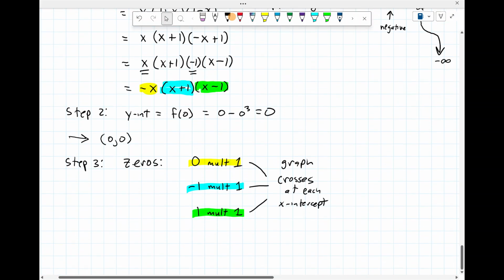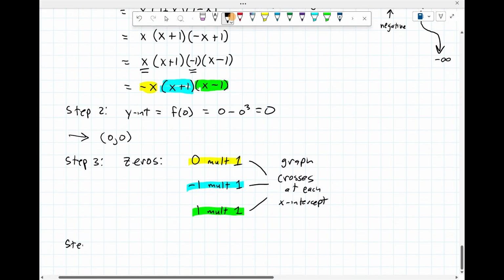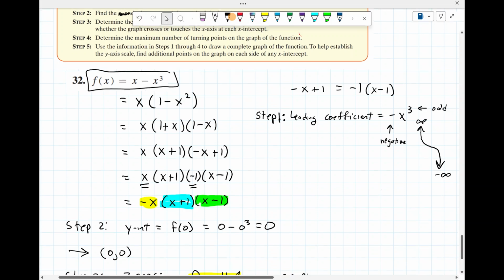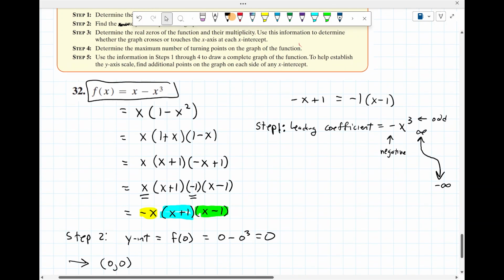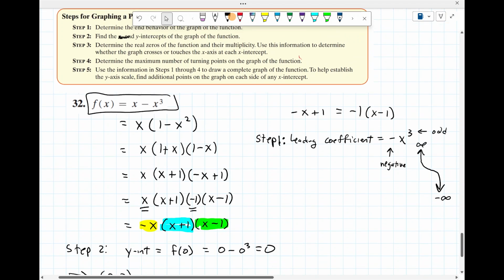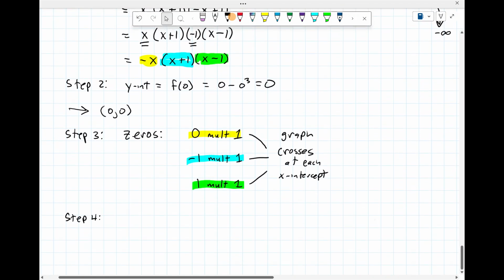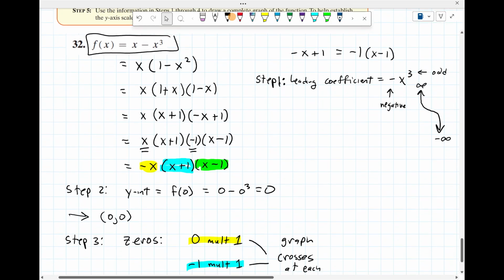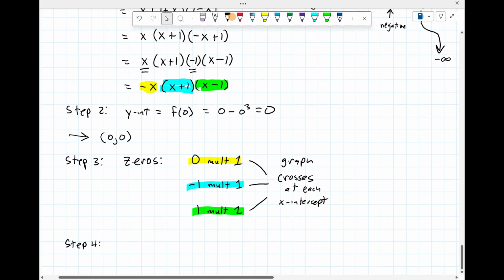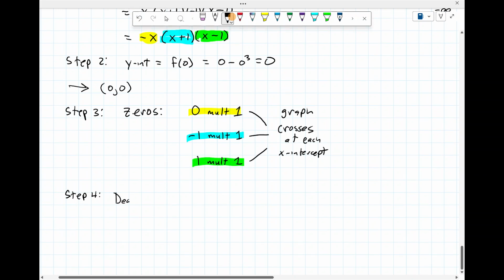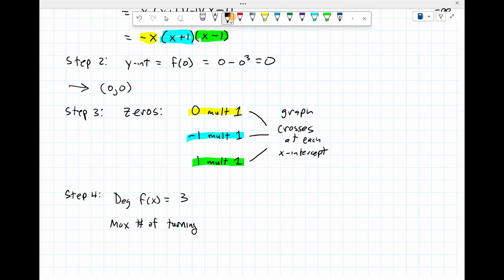All right, let's go to step 4. Step 4, we find the maximum number of turning points. Notice that our leading term has degree 3, so the degree of f of x is equal to 3, so the max number of turning points will be 1 less than that, which is 2.